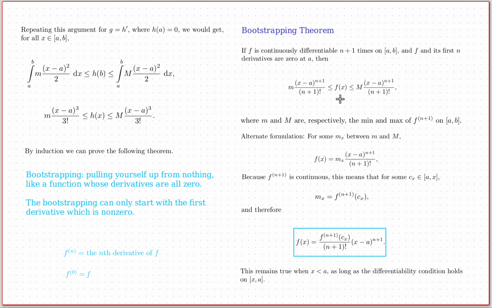F of x is bounded on the one side by little m, where little m is the minimum value of the n plus first derivative of f on the interval. So little m times x minus a to the n plus 1 over n plus 1 factorial, right? Simple generalization of this. And on the other side, it's less than or equal to capital M times the same expression, capital M being the maximum of the n plus first derivative on the interval.